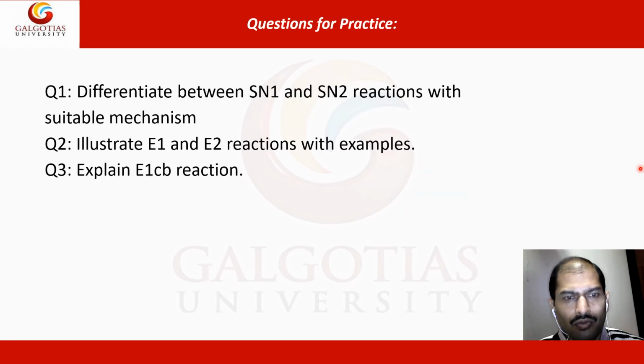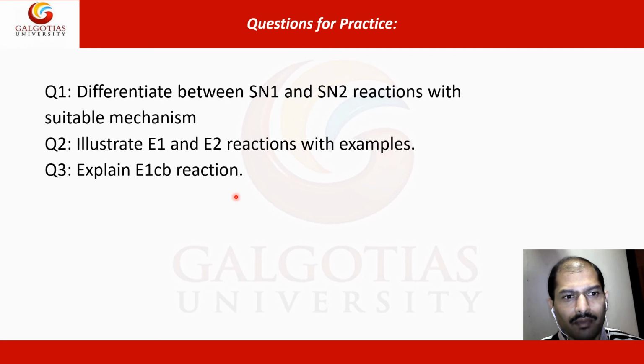So now, in the overall discussion, we have covered the SN1, SN2, E1, E2 and E1cb reactions. Each and every reaction is very important with respect to synthesis, with respect to the formation of different kinds of products, and their mechanism, as we have seen, and their kinetics and their stereochemistry.